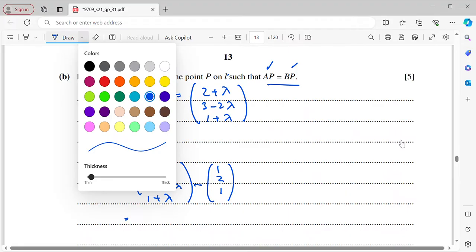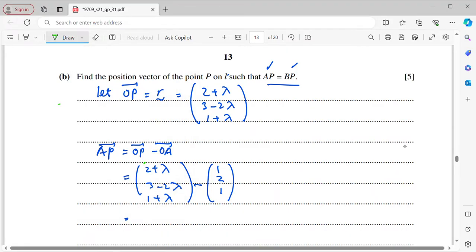So the terms without lambda, just simplify. 2 minus 1, I will get 1, therefore it will be 1 plus lambda. Then 3 minus 2 is 1, so 1 minus 2 lambda for the second component. 1 minus 1 is 0, just left with lambda. And same for vector BP.